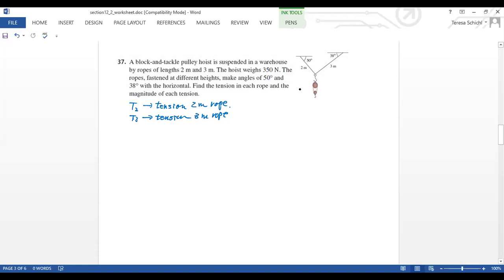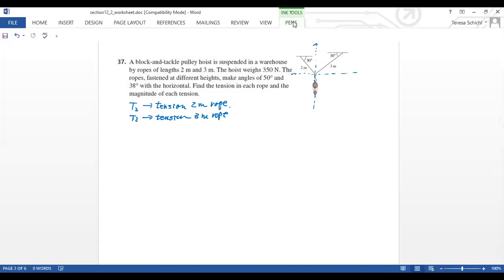So let's make sure our notation is good. If you put these things in the coordinate plane, this heavy thing, 350 newtons, is sitting here, not moving.